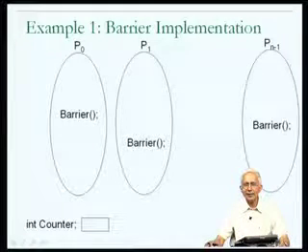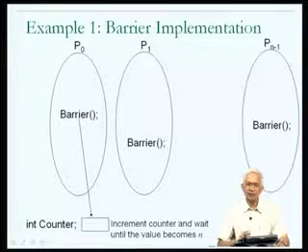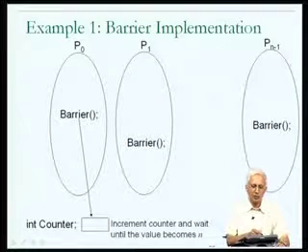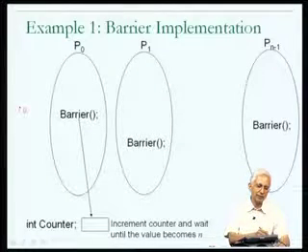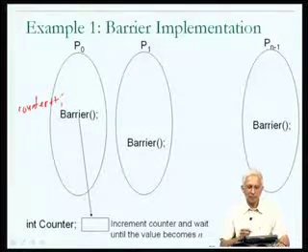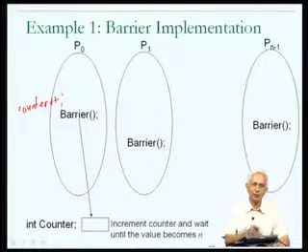Subsequently, when any one of the processes reaches the barrier function, what will happen inside the body of the barrier function will be to increment the counter variable and then to wait until the value of the counter variable becomes equal to n. So within the barrier function I am going to find something like counter plus plus and busy waiting until counter becomes equal to n. So while counter not equal to n, busy wait.